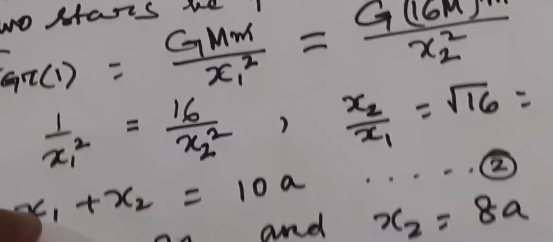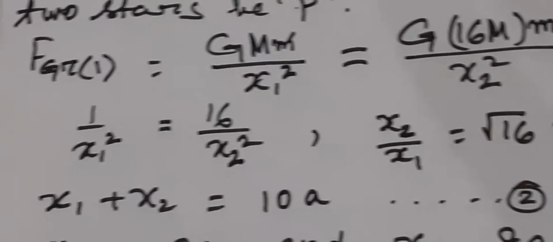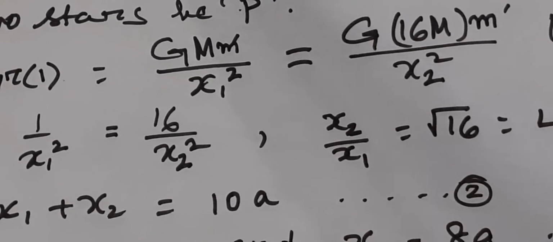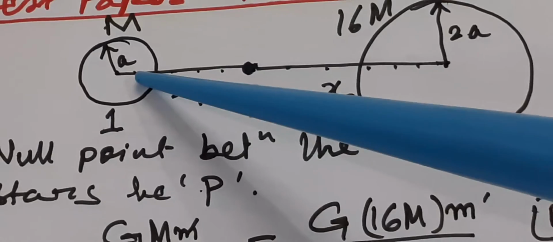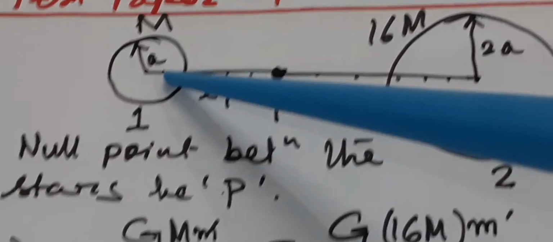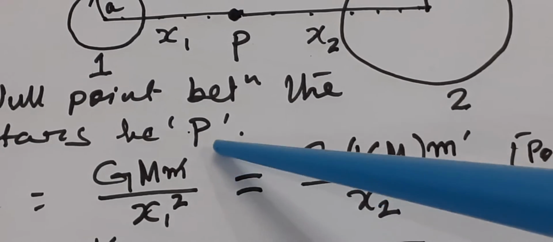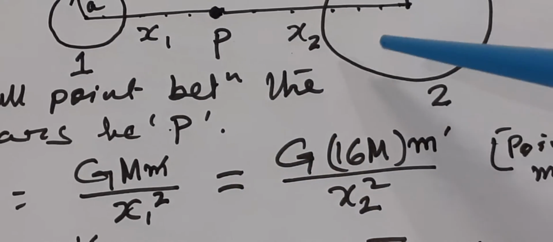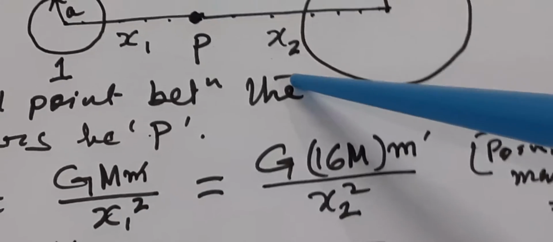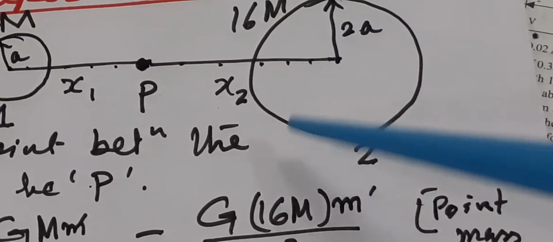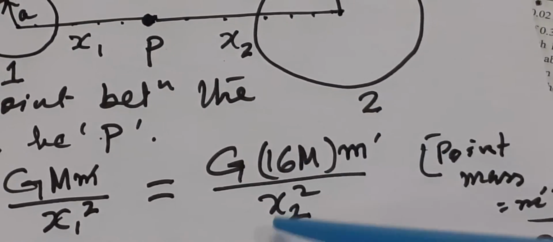Very simply we can find out the null position, because we know the gravitational force expression. Gravitational force for the small star is G M' (the mass of the object taken here) divided by x1 square, and for the big star it will be G M times 16m divided by x2 square.